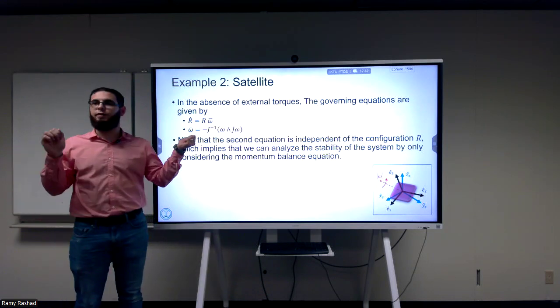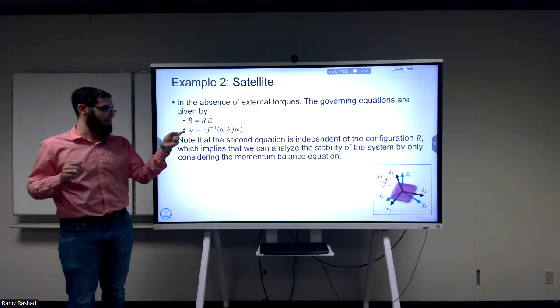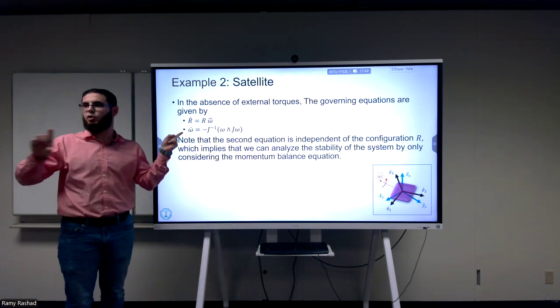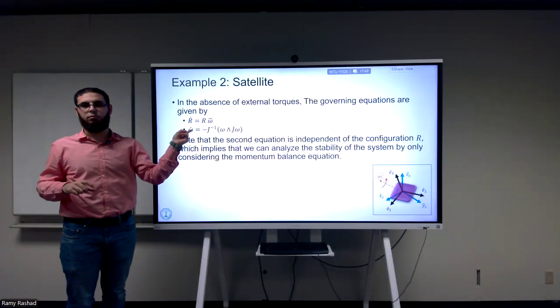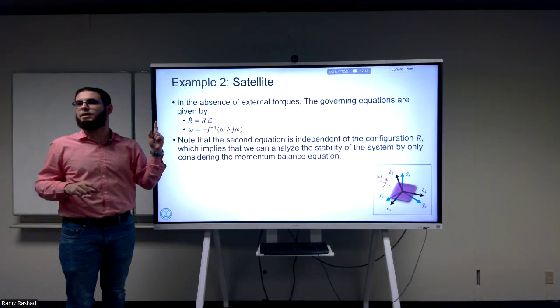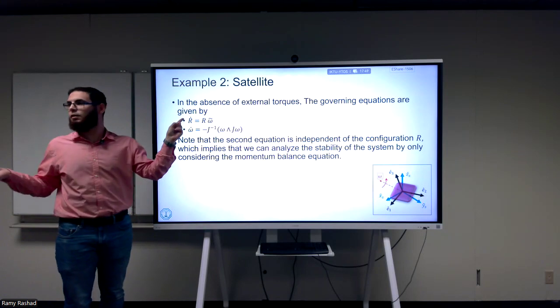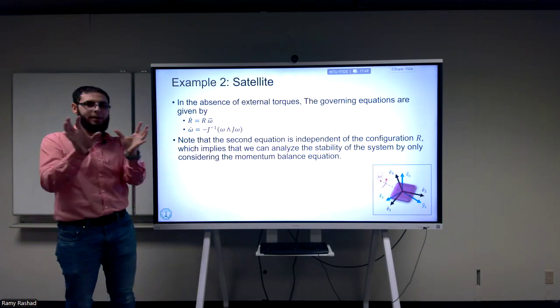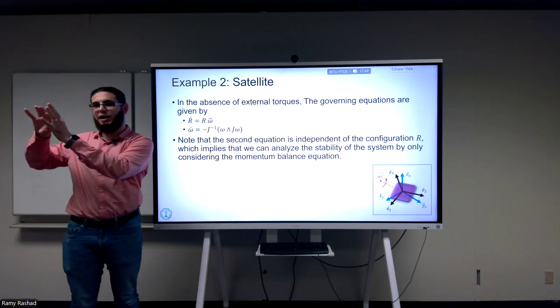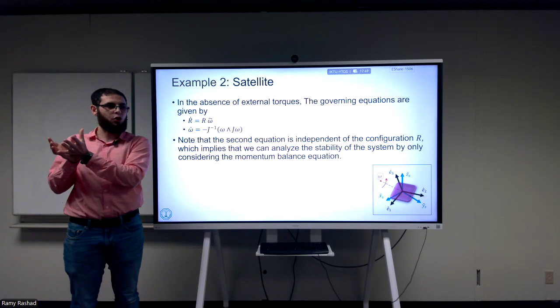This equation is very interesting because if you look at the second equation, which is the momentum balance, the conservation of momentum equation, you see it doesn't depend on what? The rotation matrix, exactly. The rotation matrix depends on omega, but the omega dynamics doesn't depend on the rotation matrix, which means that omega can be solved by itself. It's a differential equation only in omega.